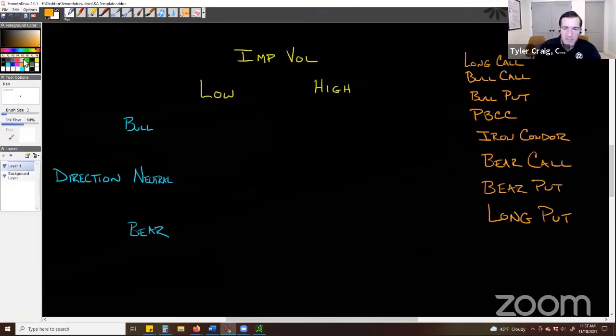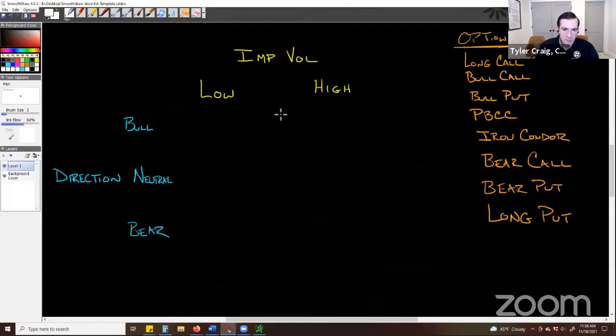Okay, so this is like my list of potential strategies. This is my options buffet. I've got all these choices, and how do I narrow it down, right? How do I choose? Well, I can use this matrix, this strategy matrix. So you've got direction, that's going to be the rows, and then implied volatility is the columns.